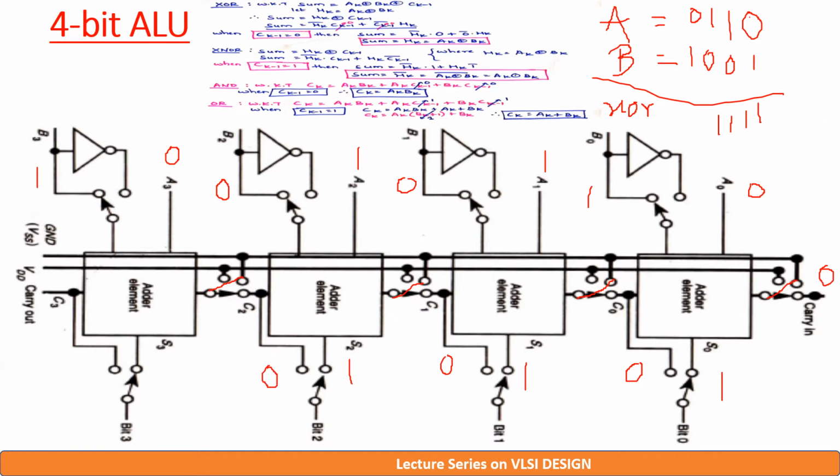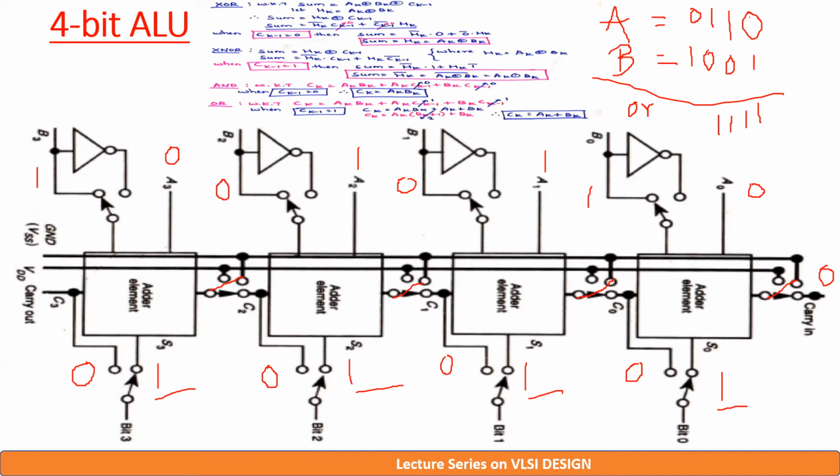For the last block, A0, B1, carry input 0 again, therefore sum output is 1, carry output is 0. So you can observe all the sum outputs are 1. So if carry input is set as 0, whatever sum output you get is nothing but XOR operation of A and B, hence verified.